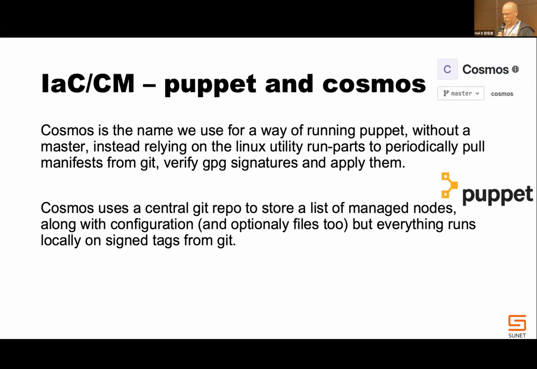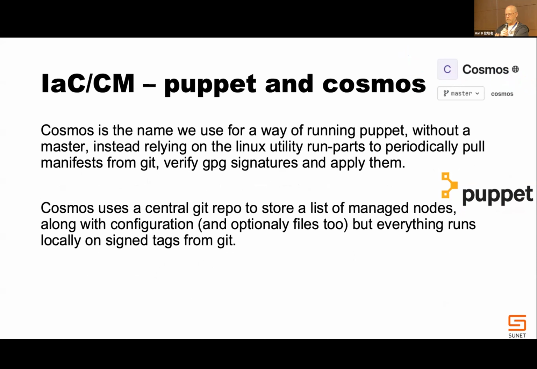The way we run Puppet without a master is something that we call Cosmos. It's built on the Linux utility run-parts. Normally Puppet has a Puppet master, and each managed server runs an agent that receives instructions from a central node, but we don't want to do that.